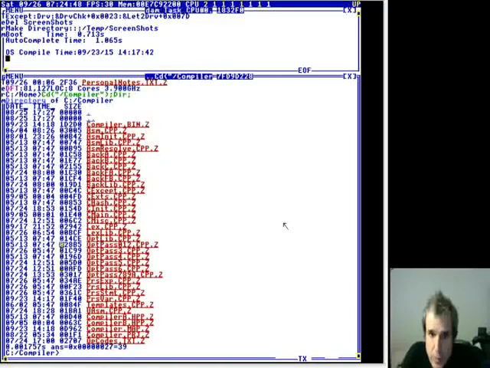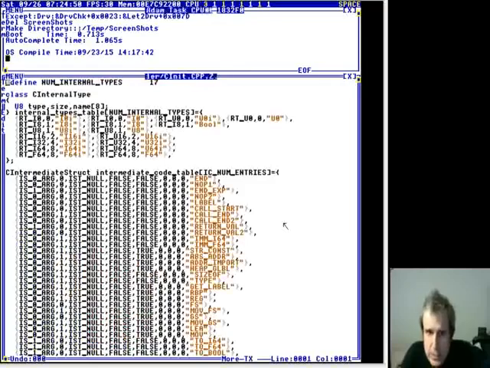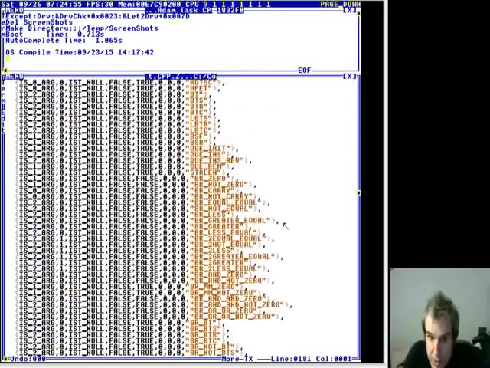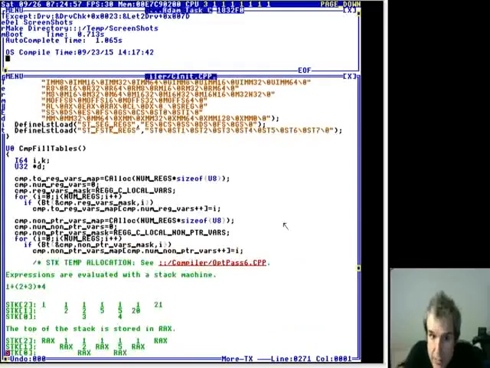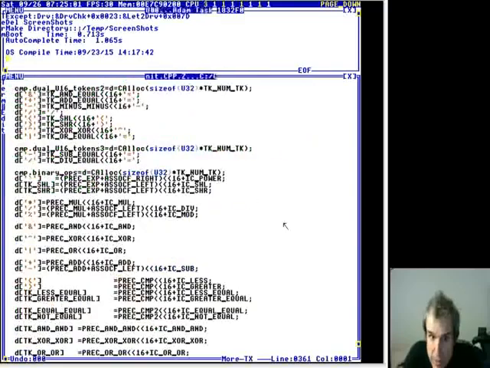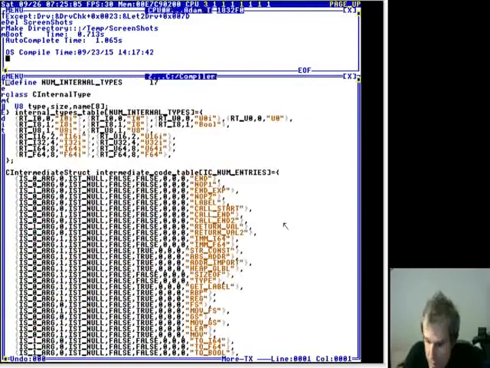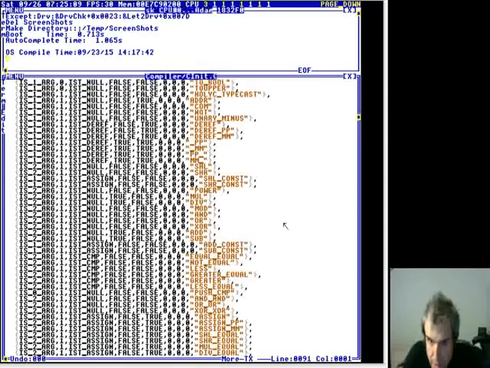So there's a table. I have a lot of built-in functions. They're not inline. I don't have inline functions, but I do have some built-in functions. Anyway, so there's this table for how many inputs and how many outputs. They only have one output, but you can have multiple inputs.